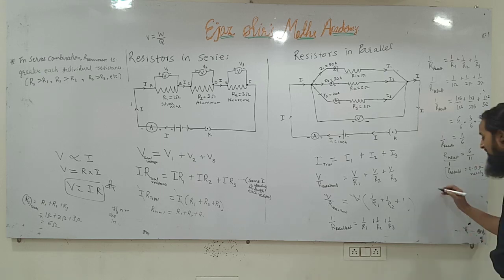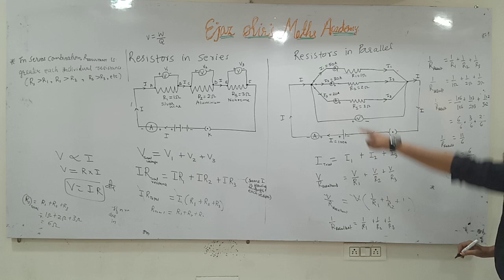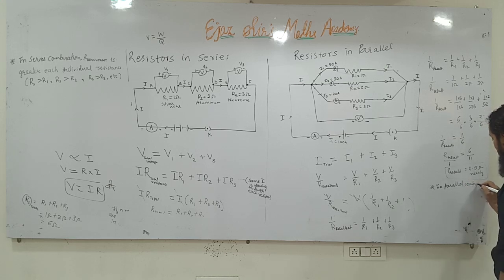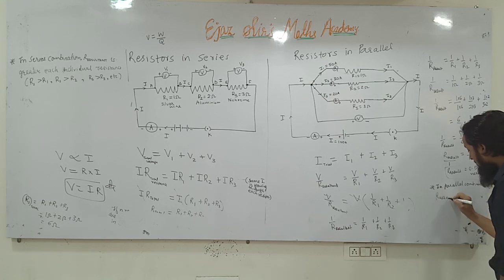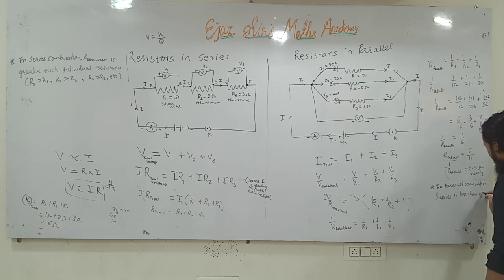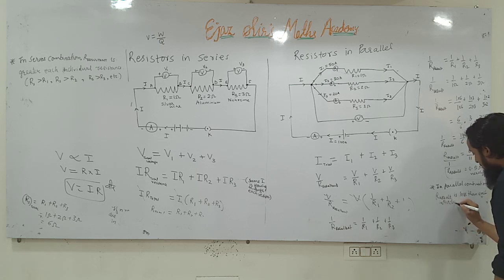So here, see, differentiate between them. In parallel combination, the resultant resistance is less than each individual resistance.